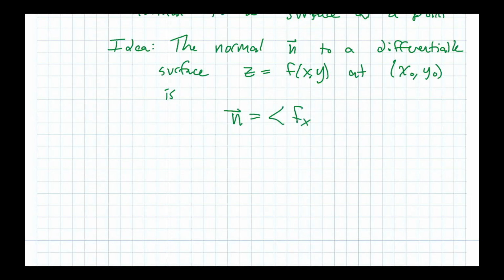It's the derivative in the x direction evaluated at the point, the derivative in the y direction evaluated at the point, and then negative 1.